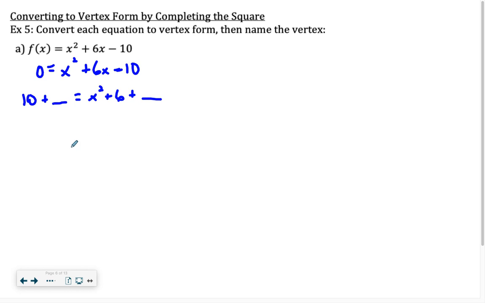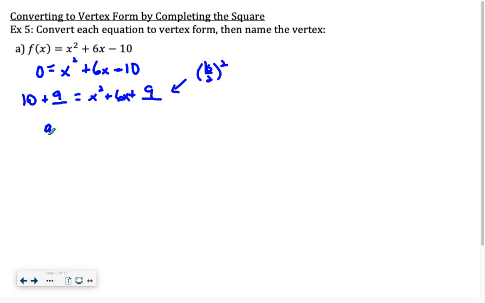We looked at completing the square when we talked about circles way earlier in the year, so this is just the same thing. To complete the square, I want to take half of my b value, which in this case is 6, and square it. You can make a note that this is half of b, squared. So half of 6 is 3, and 3 squared is 9. I'm going to add 9 to both sides of the equation here.